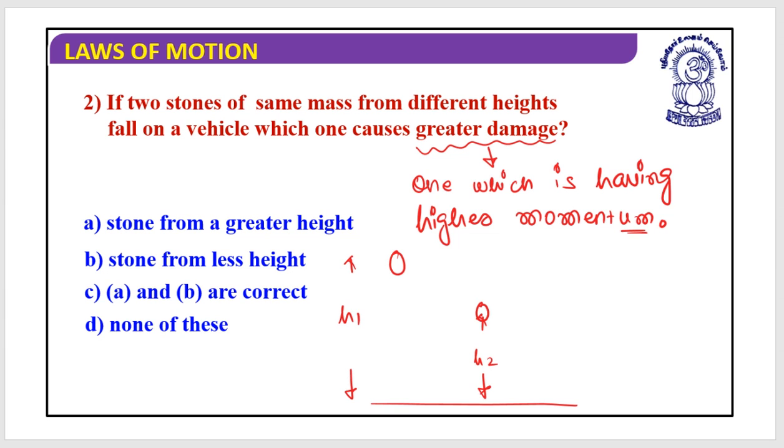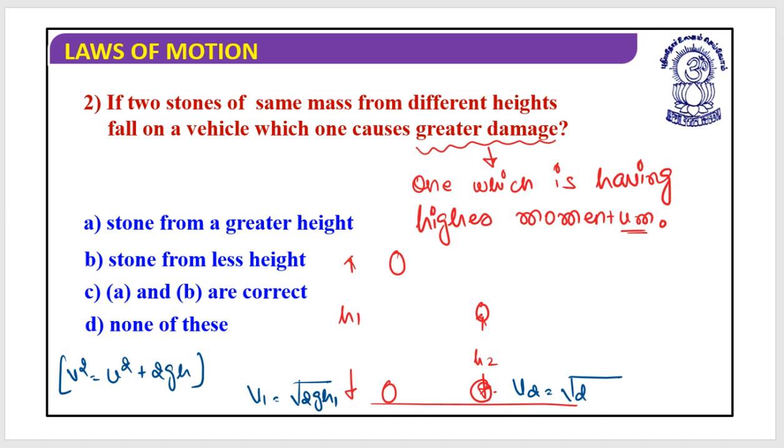It's h2. So when this object reaches here and when this object reaches here, their respective velocities v1 equals root of 2 g h1. How did I derive this? It's v square equals u square plus 2gh, which we have learned in motion in a straight line. And for this, v2 equals root of 2 g h2.